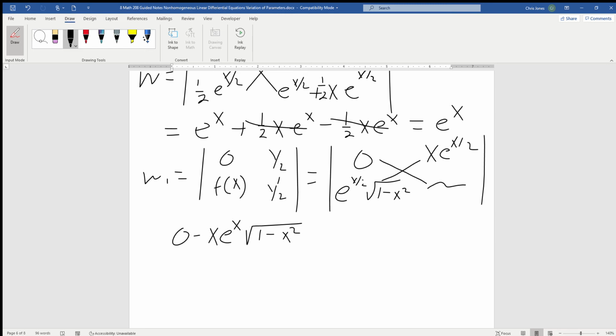Hopefully we don't have to integrate that. I don't think we will. I think it'll turn out pretty nice.